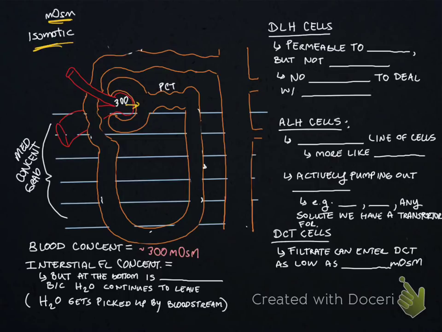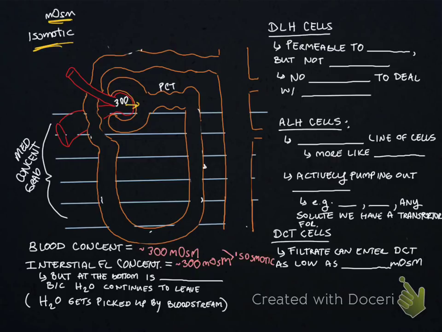So how many particles or solutes are located there. Interstitial fluid concentration is around 300 milliosmoles. That means that together they are what is called isoosmotic. So fluid won't move between them.